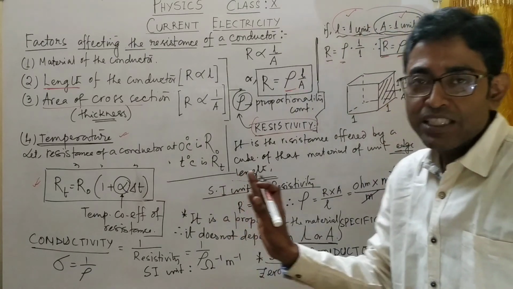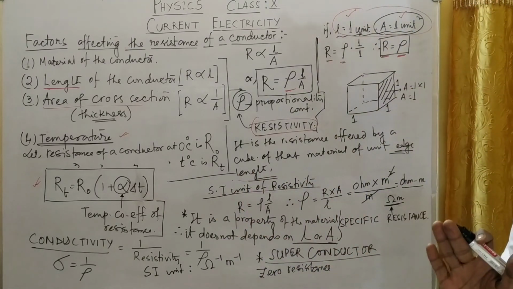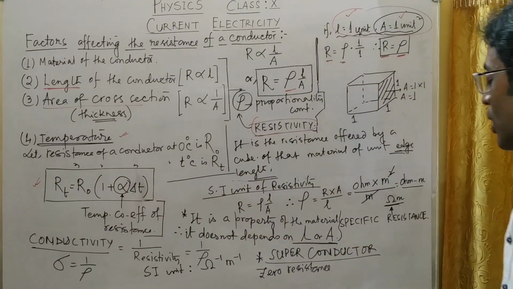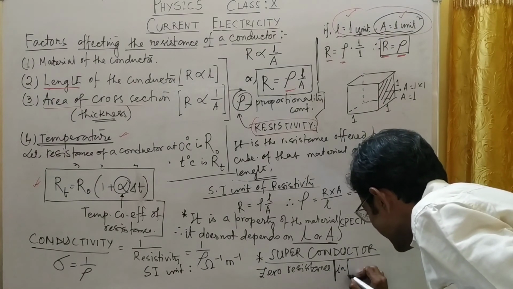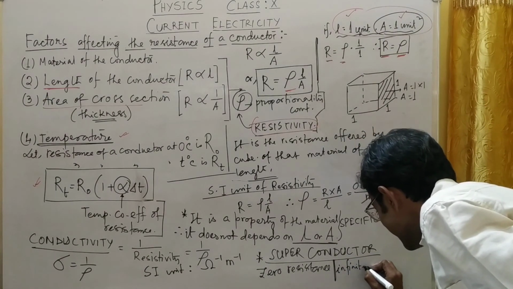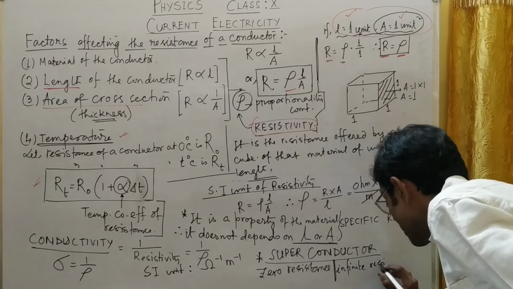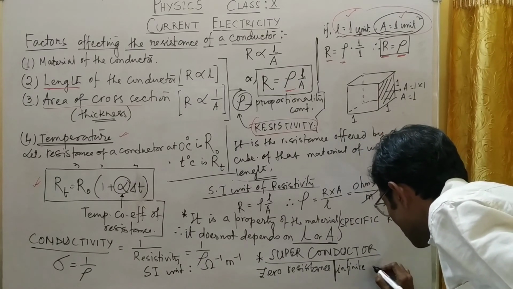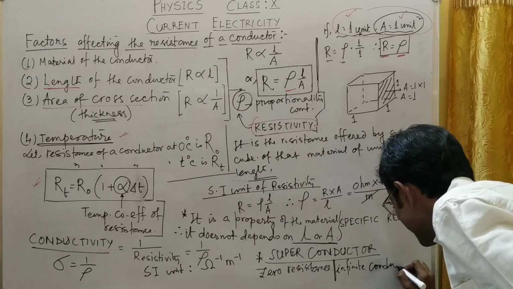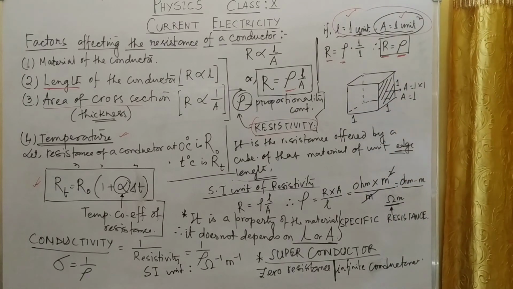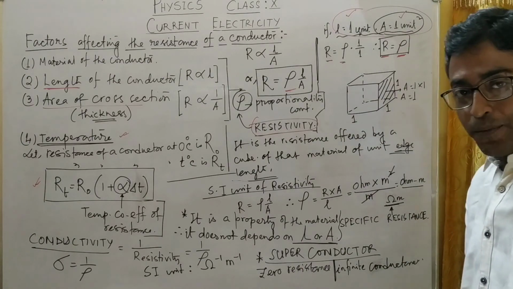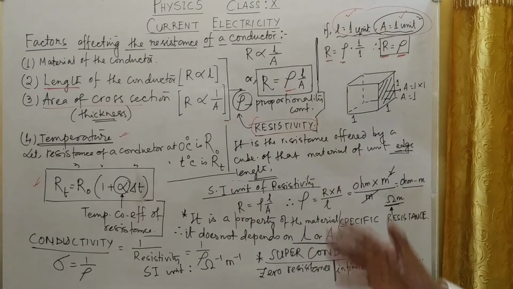It is never possible if it is a metallic conductor, but we can say infinite conductance. Okay, remember this. What is a superconductor? A superconductor is the substance which has zero resistance and infinite conductance.